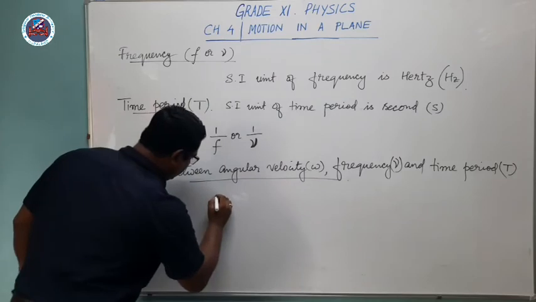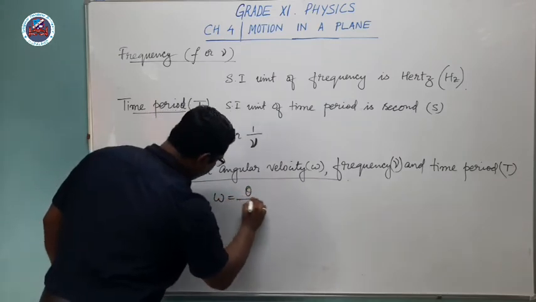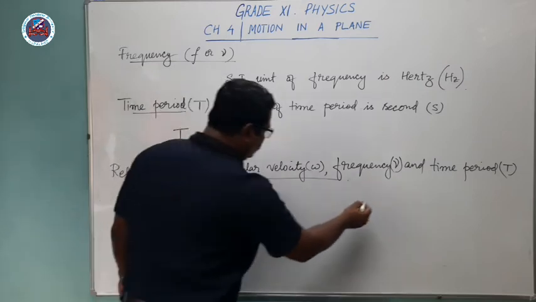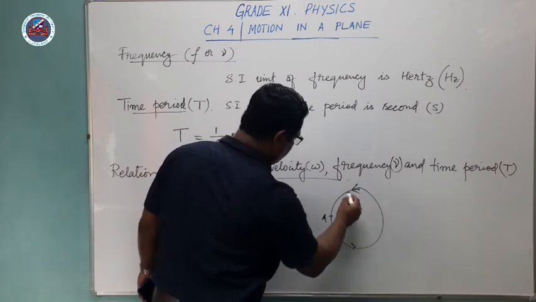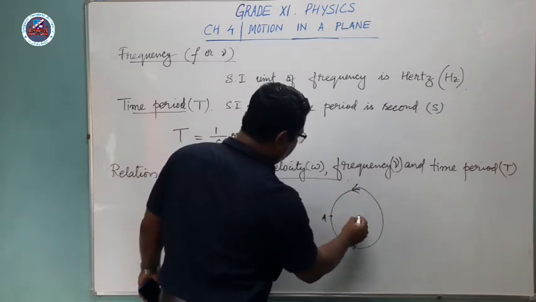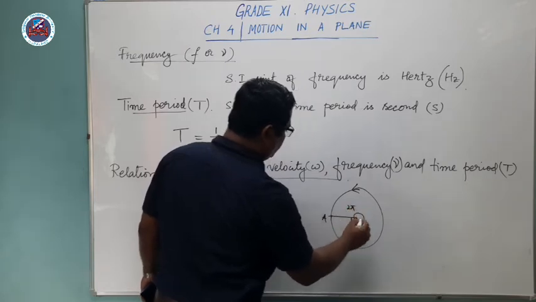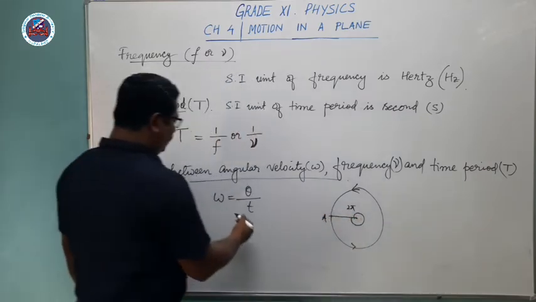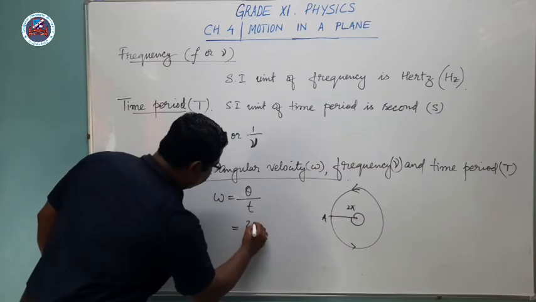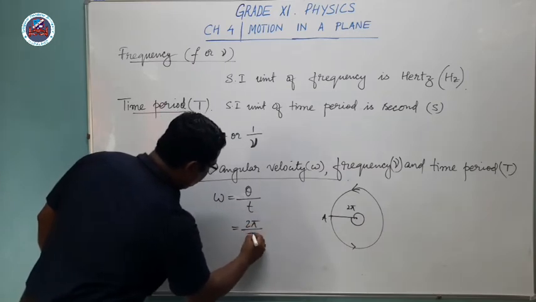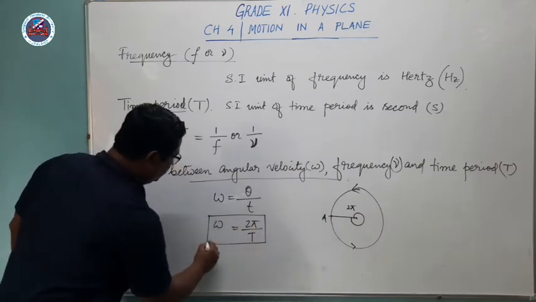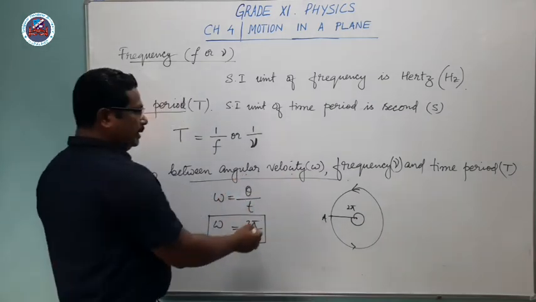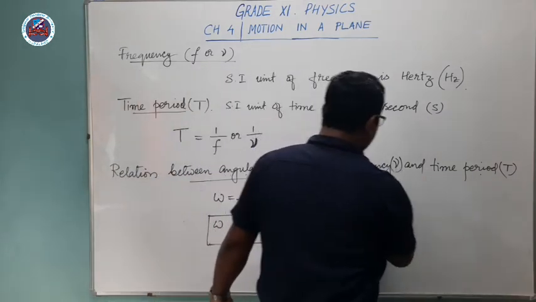The relation is that angular velocity is equal to angular displacement per unit time. Now when a body goes one round in a circular path, suppose from here it started, then it is moving in a circular path and it has reached point A, it describes a complete angle of 2 pi. 2 times 180, that is 360. So the angle described will be 2 pi. And time period for complete rotation we write as T. So this is the relation, omega is equal to 2 pi by T. This is the relation between angular velocity and time period.